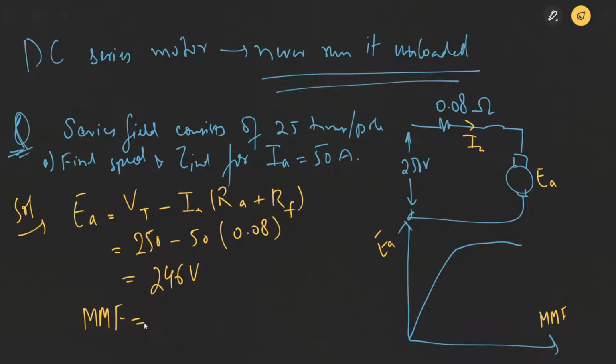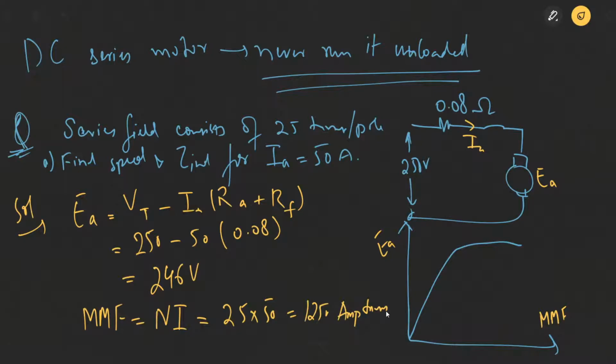We know MMF is equal to N into I, where N is the number of turns of the coils. Since we have 25 turns, 25 into 50 is equal to 1250 ampere turns.